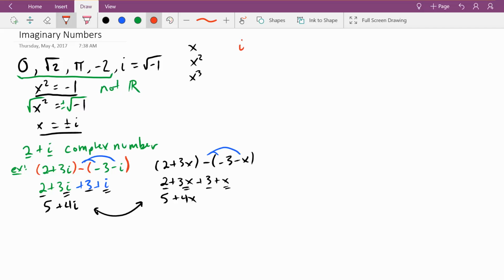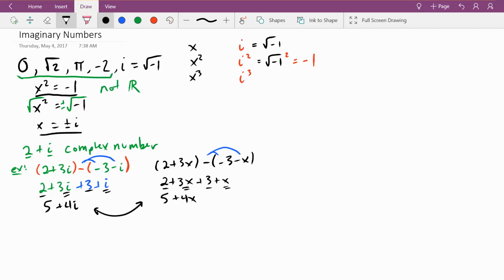But beyond that, let's take i squared for instance. Any power of i we can simplify. Right? If i is the square root of -1, then i squared would be the square root of -1 squared, and the square root and the square cancel, and therefore i squared is simply -1. What about i cubed?